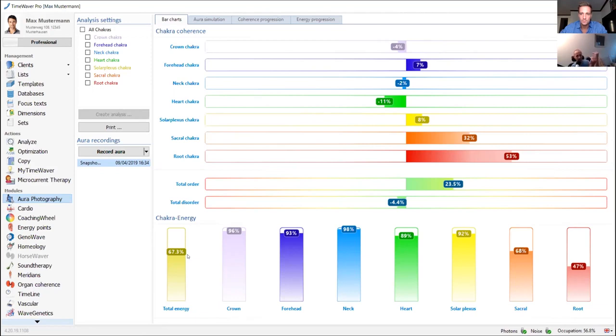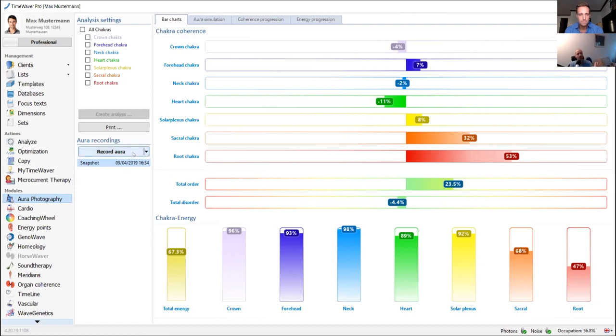That is not in relevance, or not in balance with the teeth which are still okay. You can't compare. So even if one chakra is low, like here the root chakra, this is potentially dragging down the total energy. Okay. And that's the same in Healy resonance.